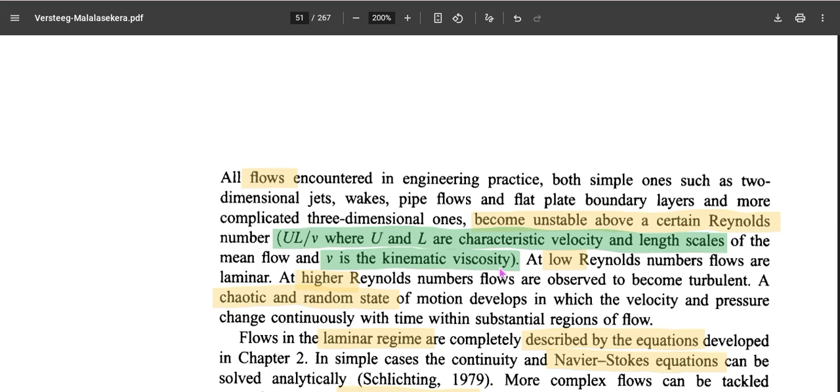And this dynamical system, like a fluid flow, at low values of this Reynolds number is highly stable, and the stable state is termed as a laminar state. But at a higher value, after a critical parameter, bifurcation occurs and it becomes a completely random, chaotic and unstable state. That state is called a turbulent regime.